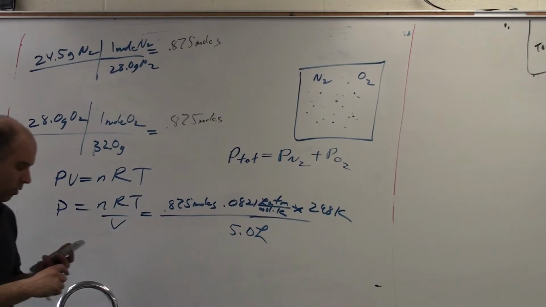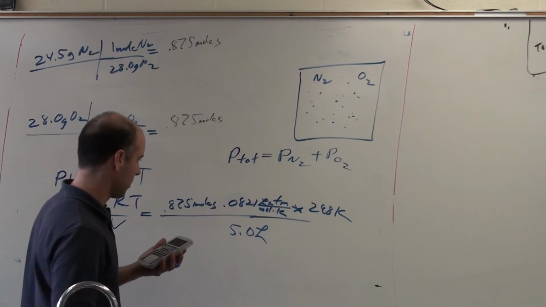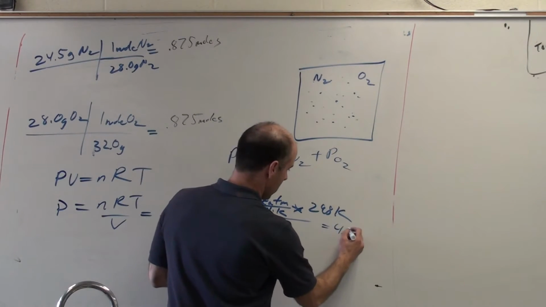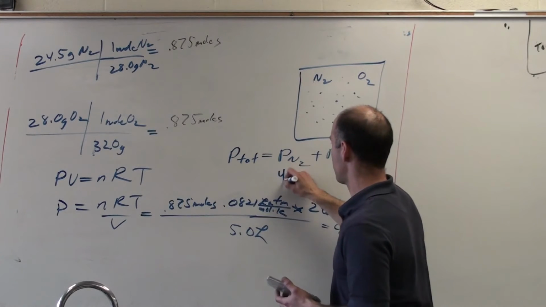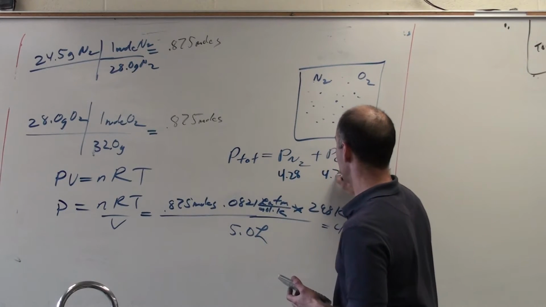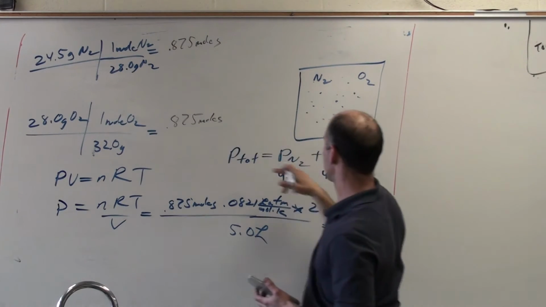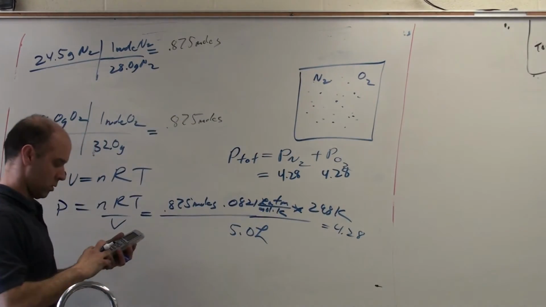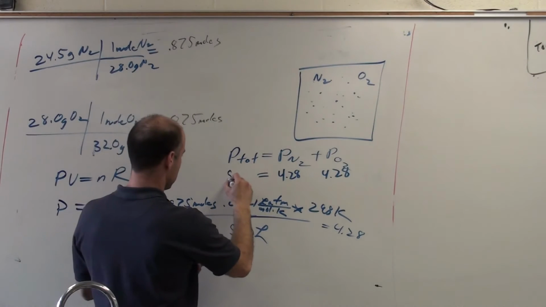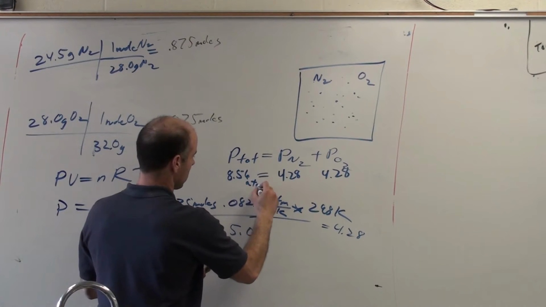And I get 4.28 atmospheres. So if one of these is 4.28 atmospheres, then because their moles are equal, the other one will be as well, and the total pressure will be 8.56 ATMs.